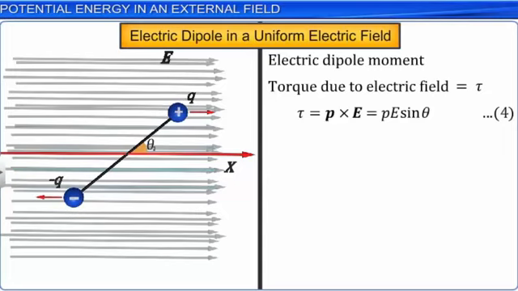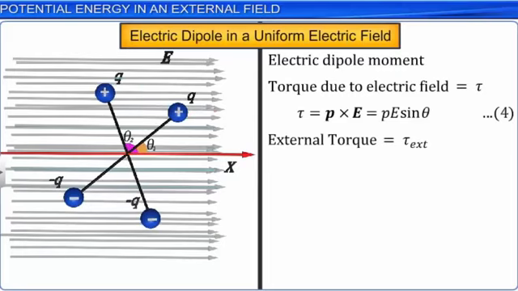Let us apply an external torque tau external equal and opposite to the torque tau, which rotates the dipole from the angle θ1 to the angle θ2 with the field direction without giving the dipole any angular acceleration. That is, at an infinitesimally low angular speed.